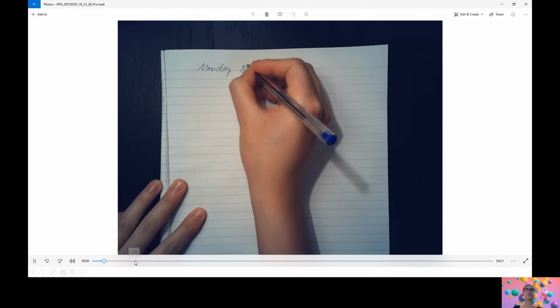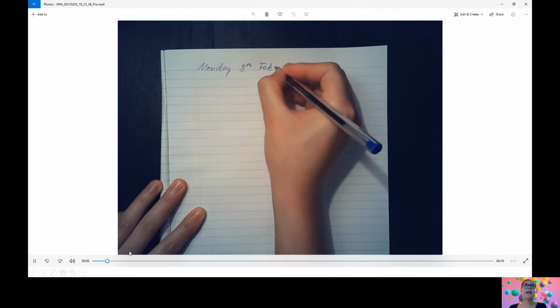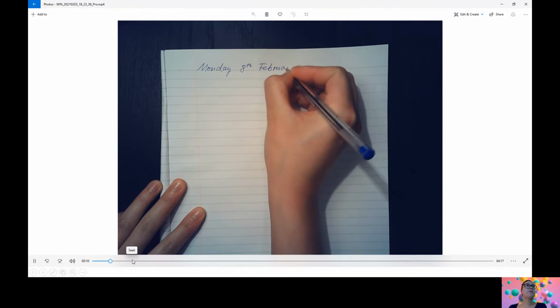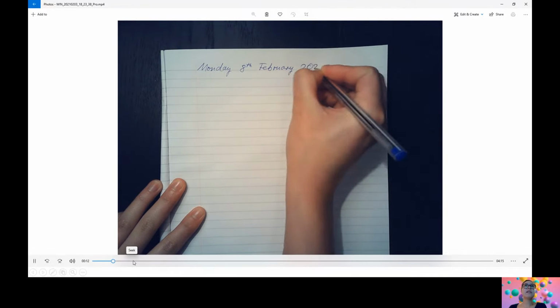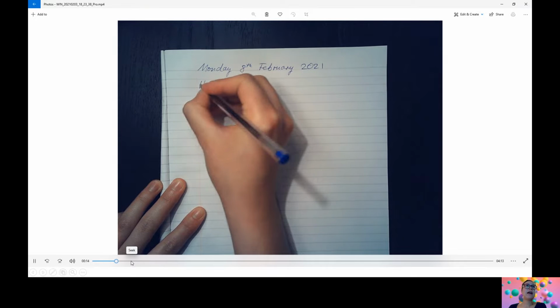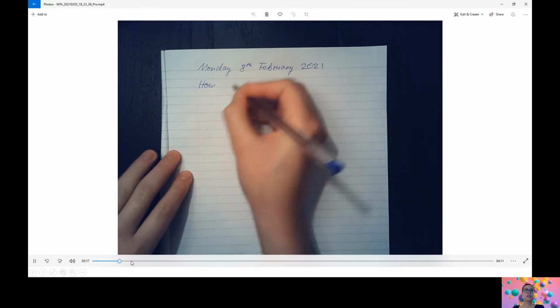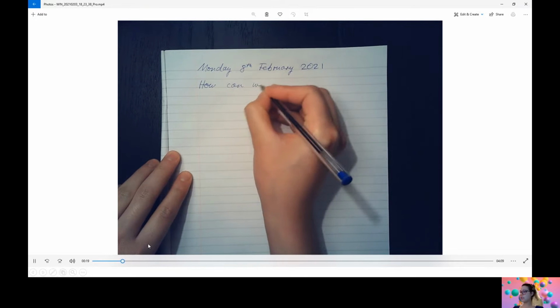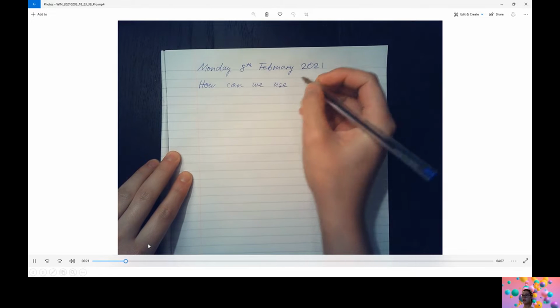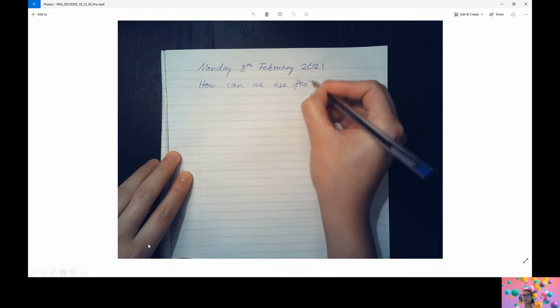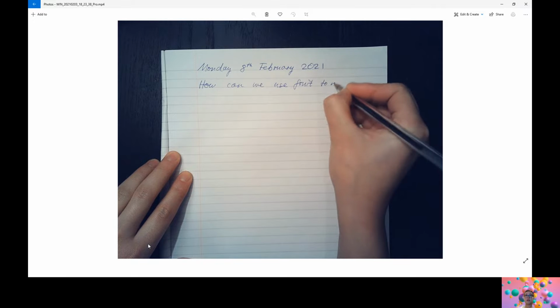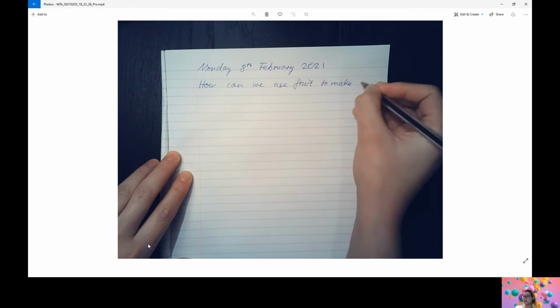Well, we should have already written today's date, which is Monday, the 8th of February, 2021, and then written out today's question, which is, how can we use fruit to make batteries?